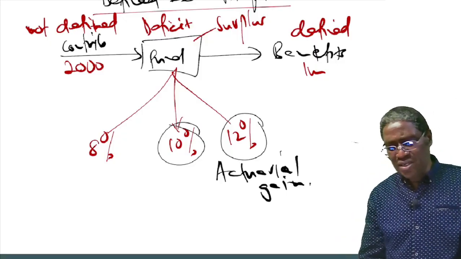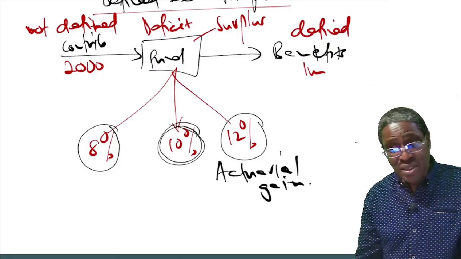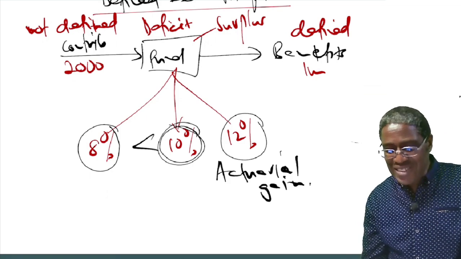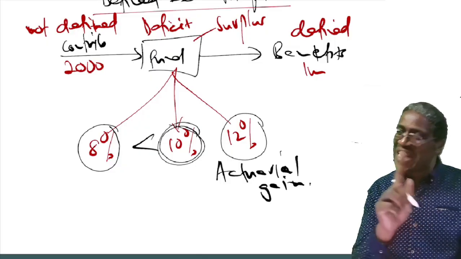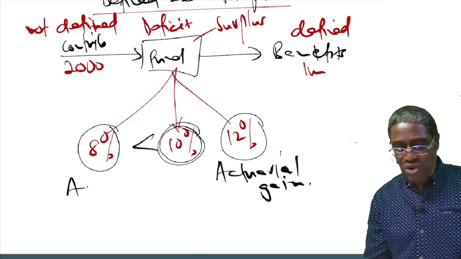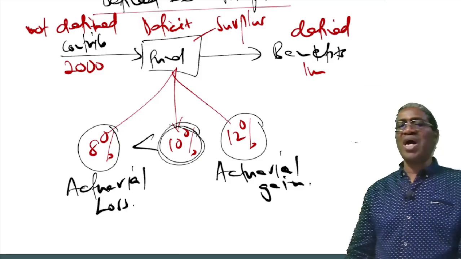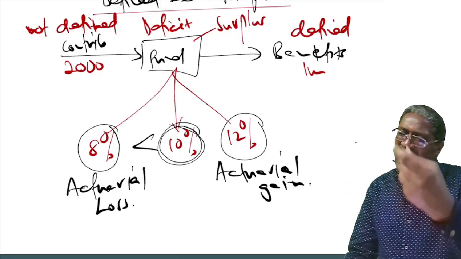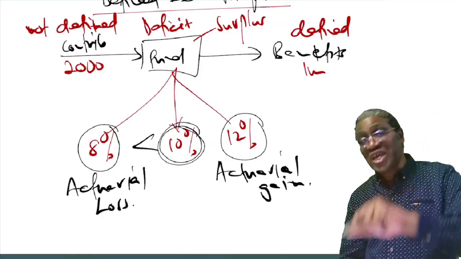But if your fund is earning 8%, while we projected 10%, therefore we are saying if the actual earnings in the fund are less than the projected earnings, then the fund is said to have what we are calling an actuarial loss. So an actuarial loss occurs when the actual earnings in the fund are less than the projected earnings.